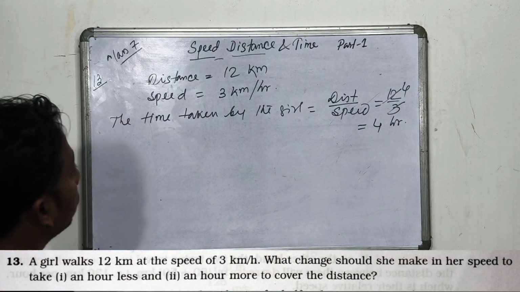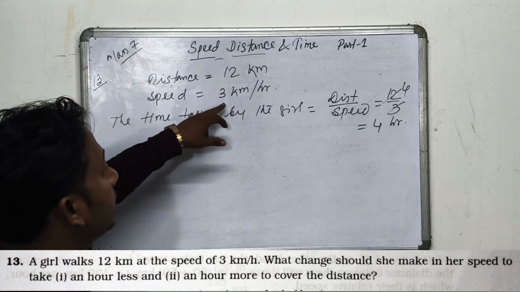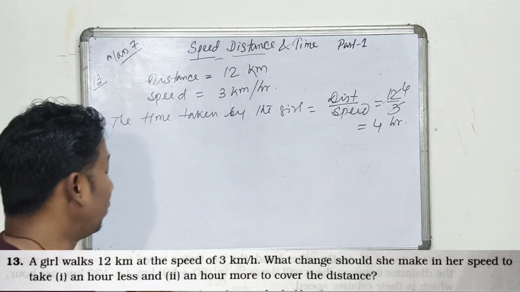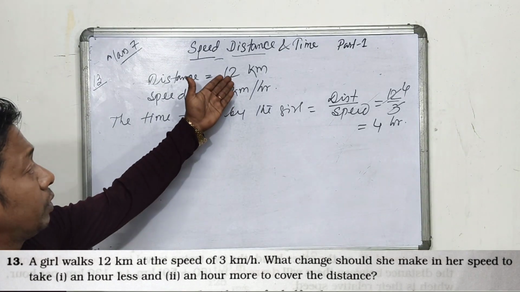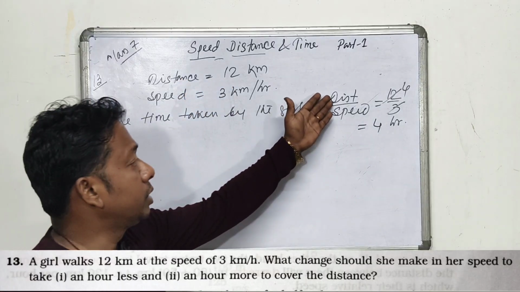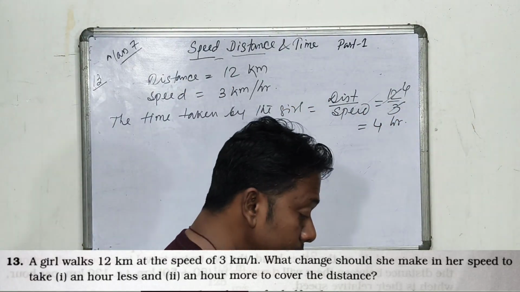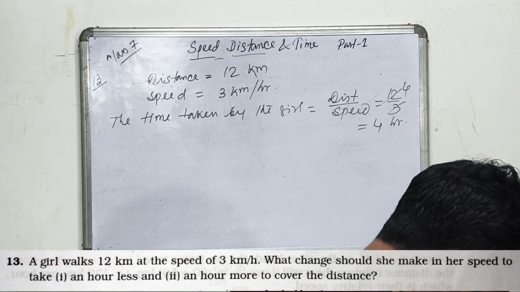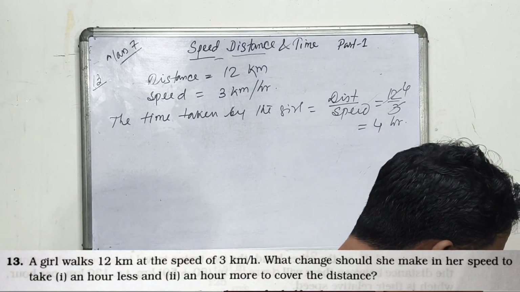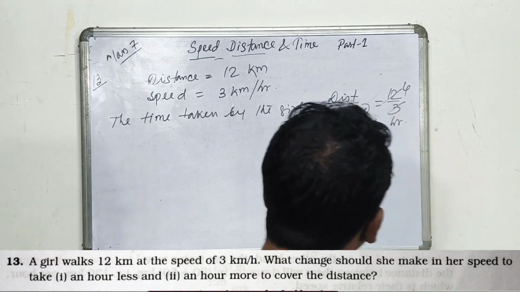Clear? So total distance 12 km, the speed of the girl is 3 km per hour. That means the time taken to cover the distance is 12 by 3, 4 hours. Clear? And the first question is an hour less.